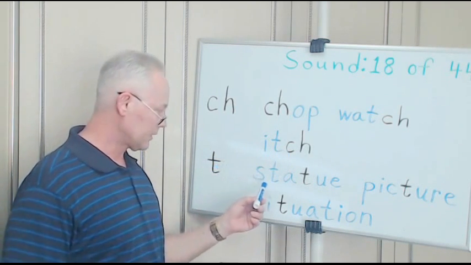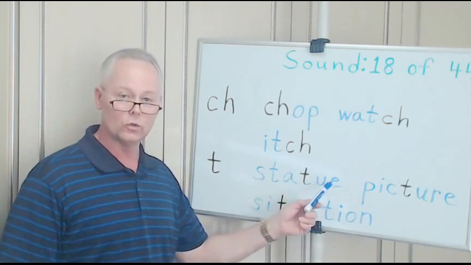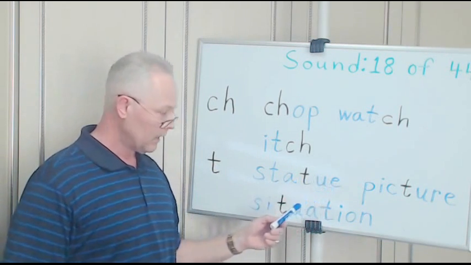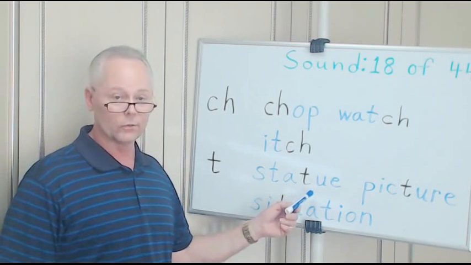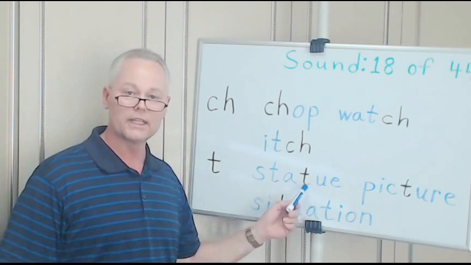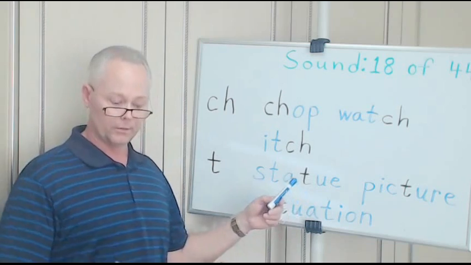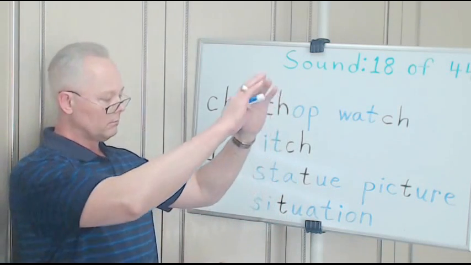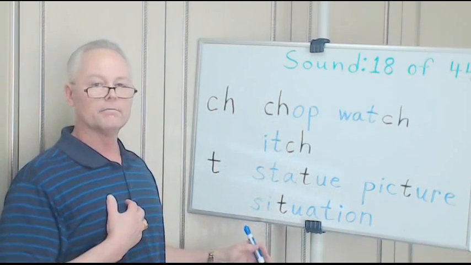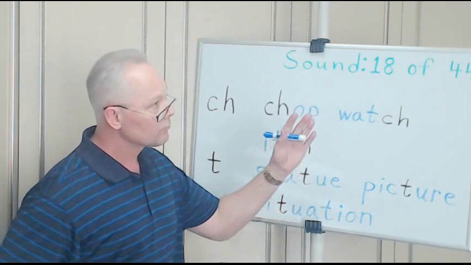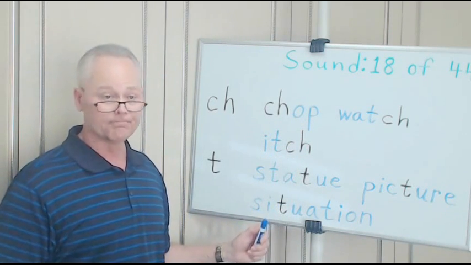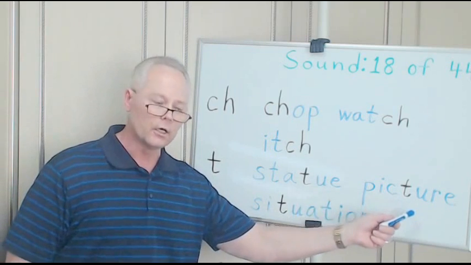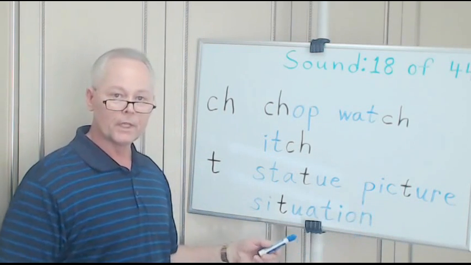T. Let's look at statue. If you pronounce this statue, no, this is not going to work. Statue would be somebody carved out a model of me in stone. They'd say this was a statue of Lyman. Picture.